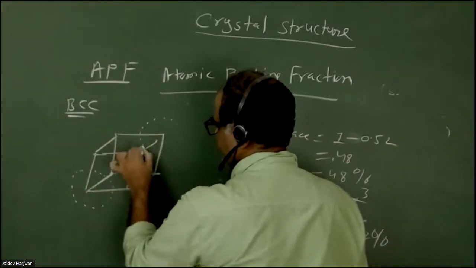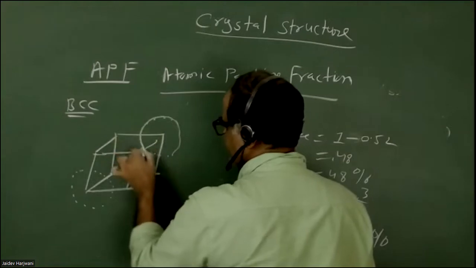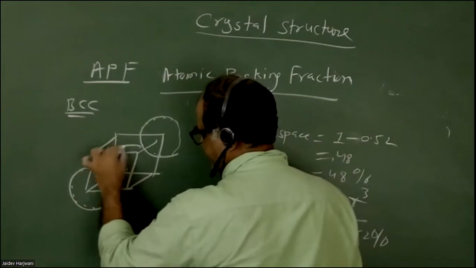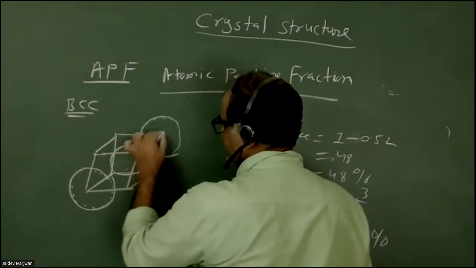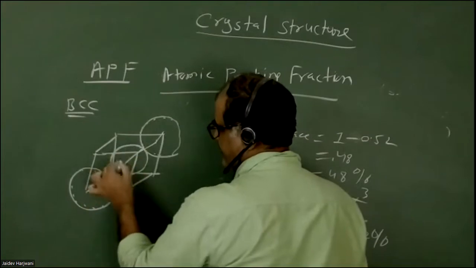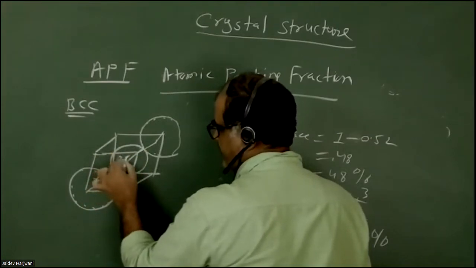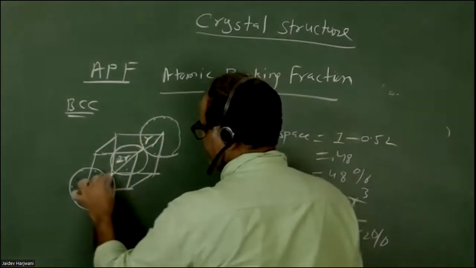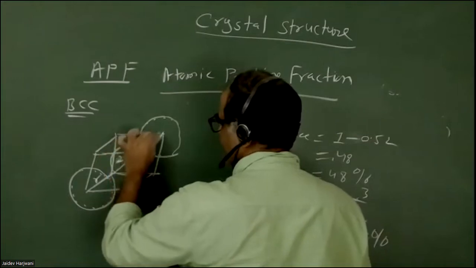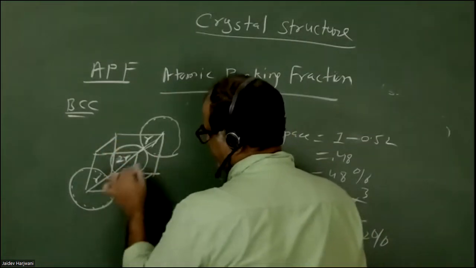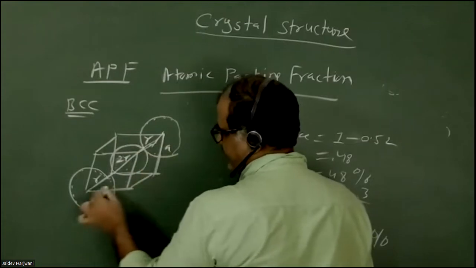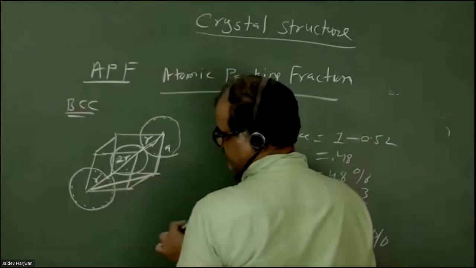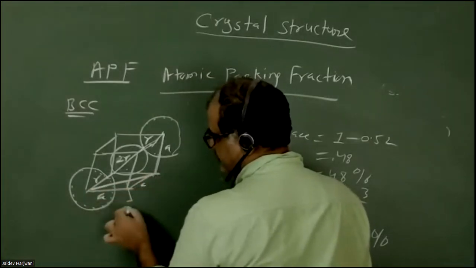I have these atoms, and one atom touching them. This is my R, this is 2R, this is 2R, and again this distance is R. So the total distance is 4R. One edge is A, another is A, and this distance is root 2 A.